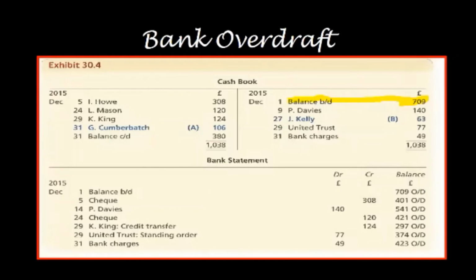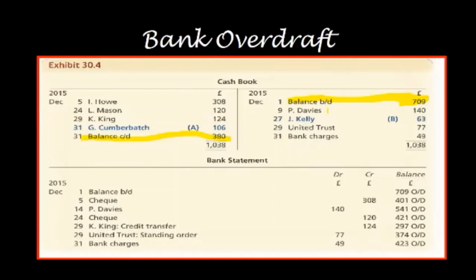We are allowed by the bank, we have an agreement with them to write checks up to a certain amount that the bank will honor, although we do not have money at the bank. Okay, so in fact, we are owing the bank for this amount of money here to start with. Then we went and we write checks for this amount, and we deposit checks for this amount into the account, and we now owing the bank at the end of the month 380 here.